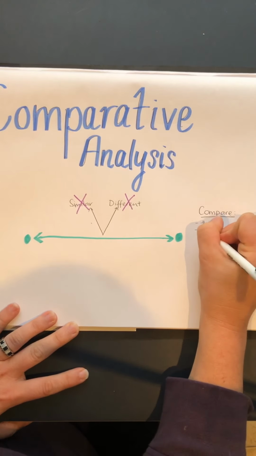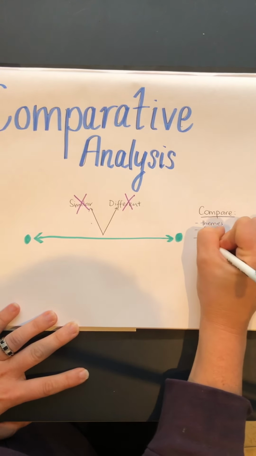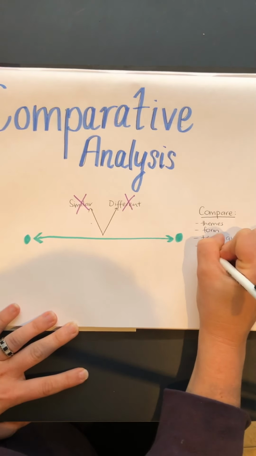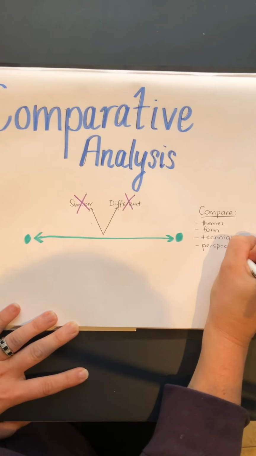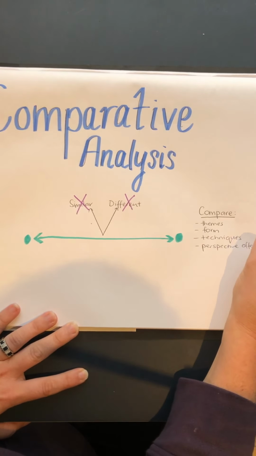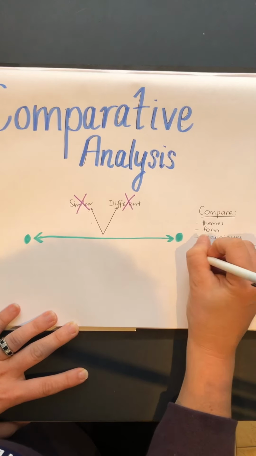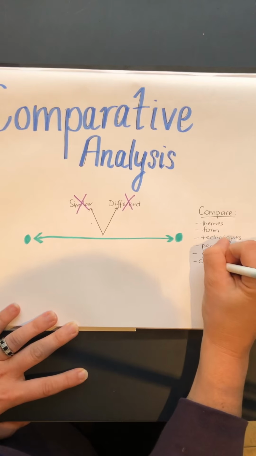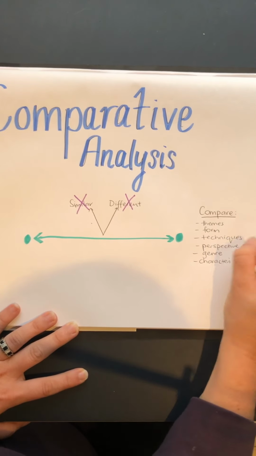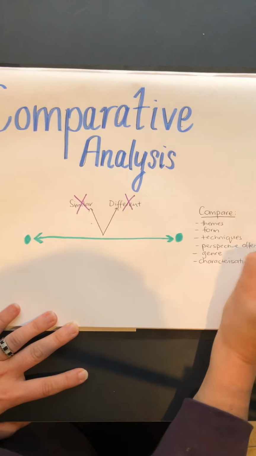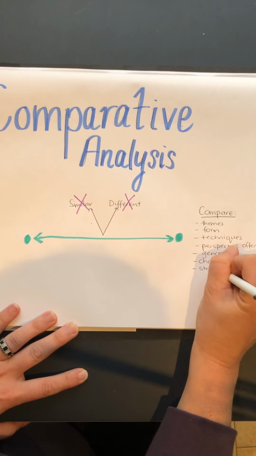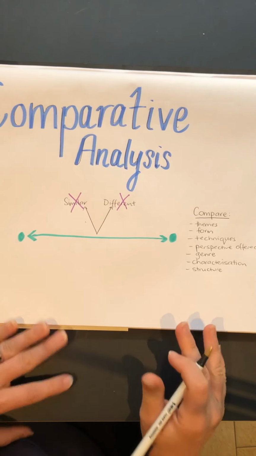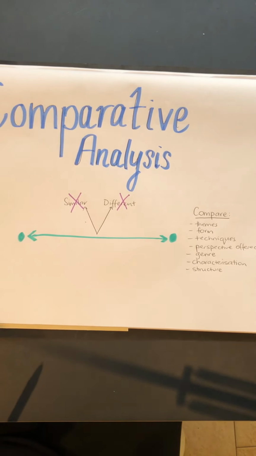You can compare the form, the techniques used, the perspective offered, the genre and the conventions of that, perhaps the characterization, or even the structure. Any other technical element can also be compared in this case in order to develop your comparative analysis.